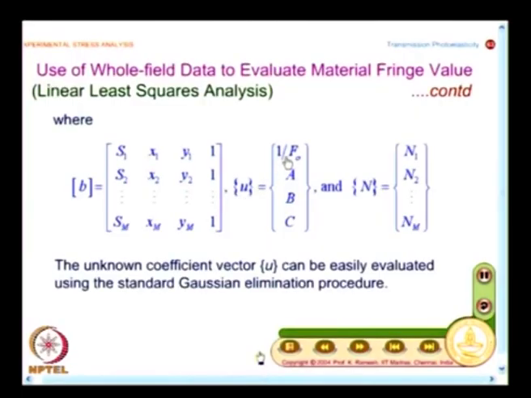So, I can find the matrix B comfortably, very simple. And if you look at the vector U, I have 1 by f sigma, A, B, C, these are the 4 unknowns, and the vector N is nothing but the fringe order at several points. So, experimentally I need to find out the fringe order at several points and its associated coordinates, that is all I have to find out experimentally.